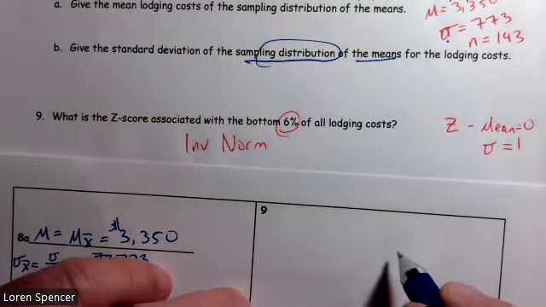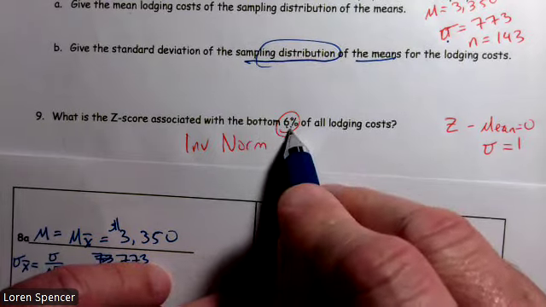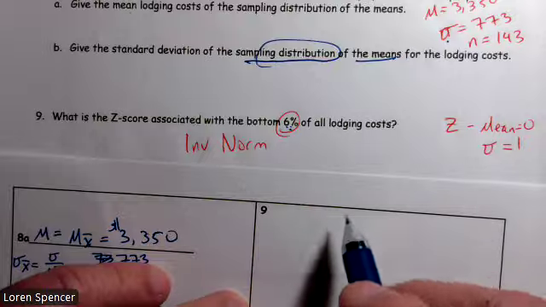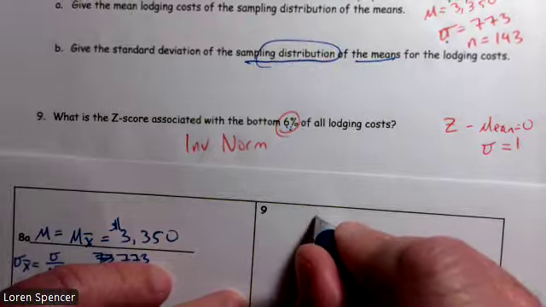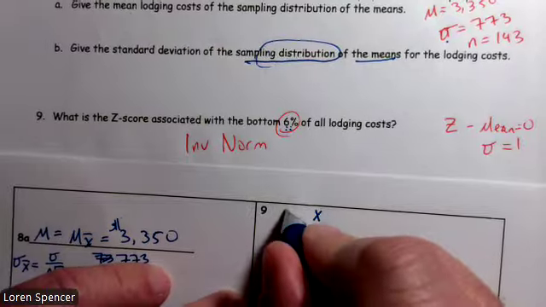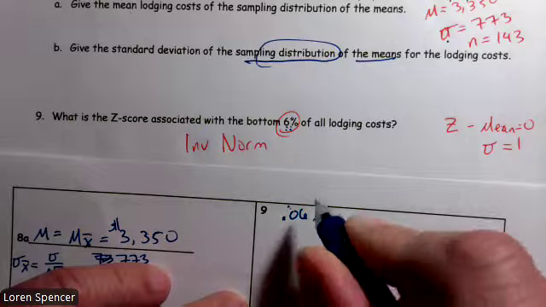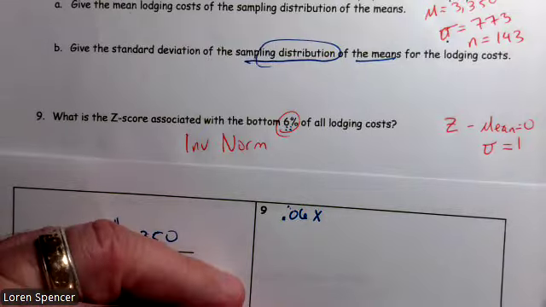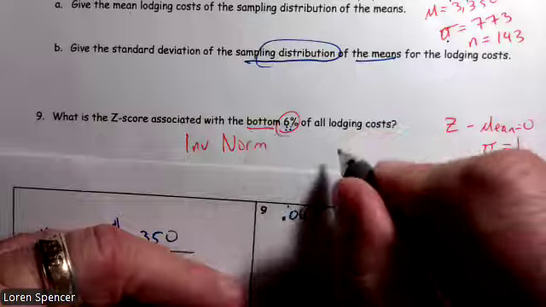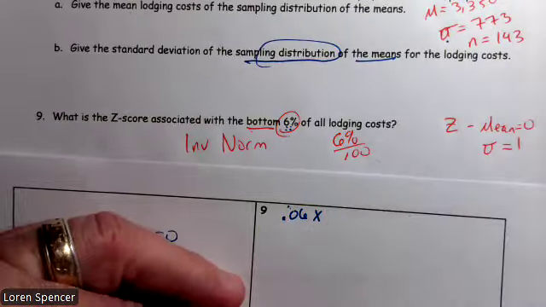So my picture is going to look like, oh, and the next thing I need to do is anytime they give me an inverse norm and it's like an upper or lower or something like this, I always draw an X. And this says the bottom part. So this means this part's going to be 0.06. It's below X, because it said the bottom. Please remember all percents are divided by 100.